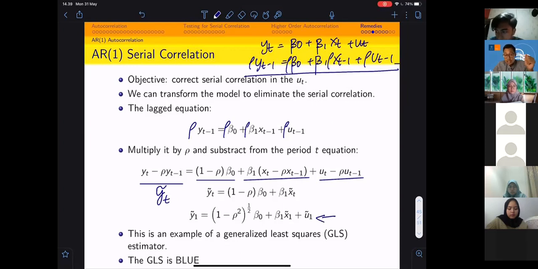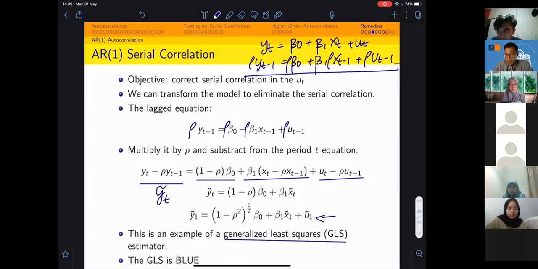Now this transformation of the OLS to obtain a more efficient estimate is called generalized least squares. Okay, so if you recall in the heteroscedasticity example, we discussed weighted least squares. So weighted least squares is a very specific case of generalized least squares.